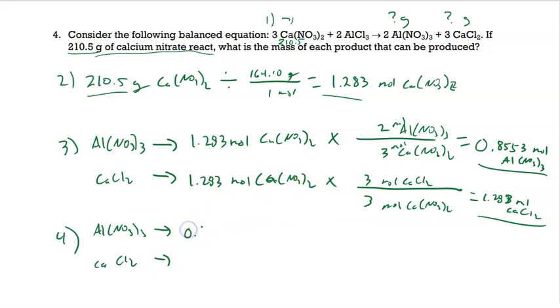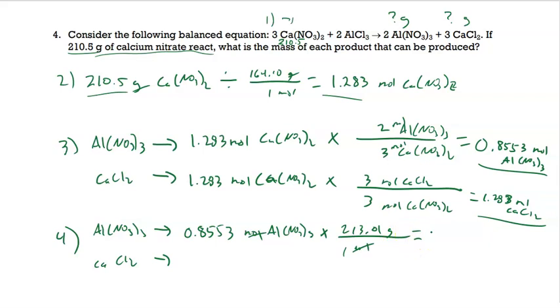So 0.8553 moles of aluminum nitrate, Al(NO3)3, times the molar mass of aluminum nitrate is 213.01. Cancel my moles.